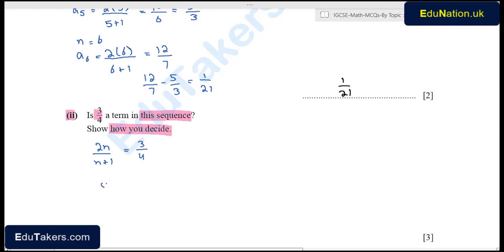It will be 8n is equal to 3n plus 3, and then 5n is equal to 3, and n is equal to 3 over 5, which is not an integer.